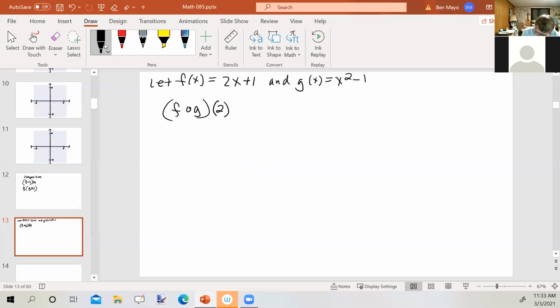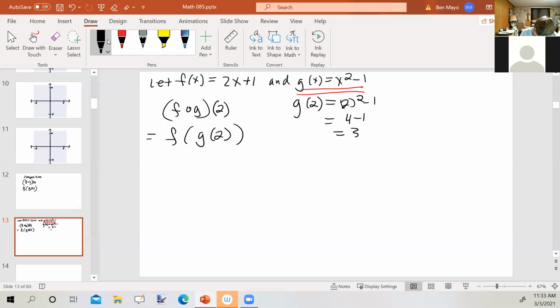So that means that we want F of G of 2. So we're going to start with G of 2. We're going to go over here to the G of X function, and we're going to find G of 2. G of 2 would be 2 squared minus 1, which is 4 minus 1, which is 3.